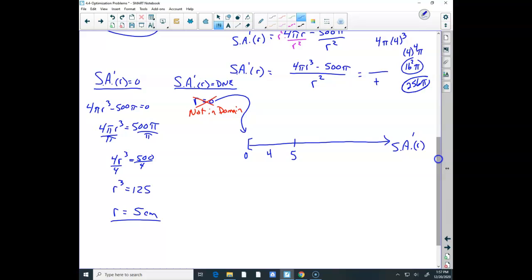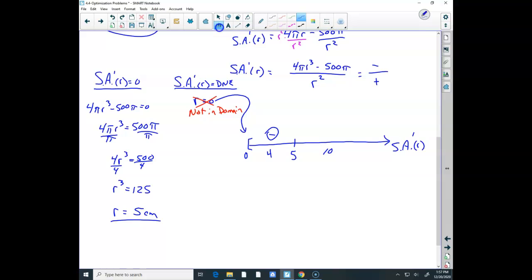So if I took 256 pi minus 500 pi, the top's going to be negative, so I'm definitely decreasing. Then I got to pick something bigger than 5. 6 might be kind of hard. So the next thing, I'm going to jump up to like maybe 10.